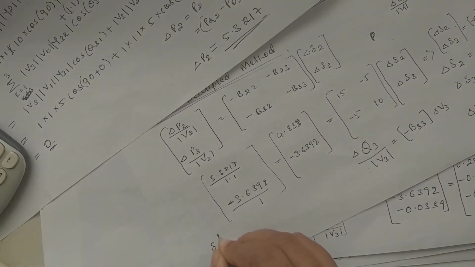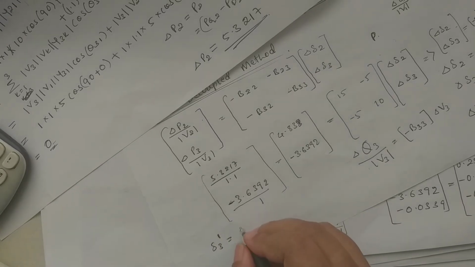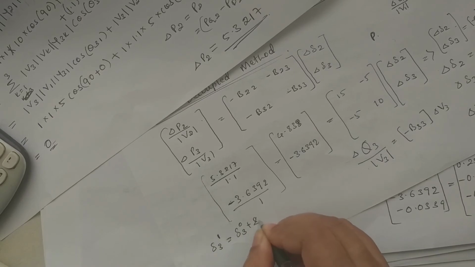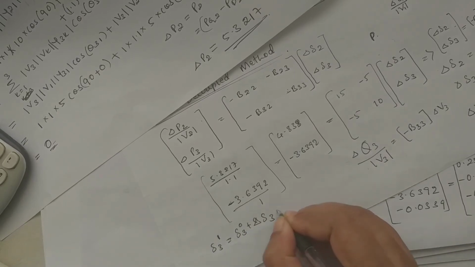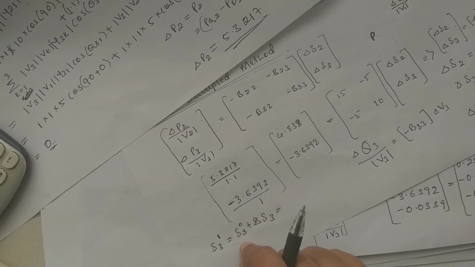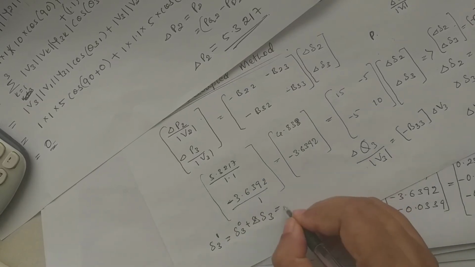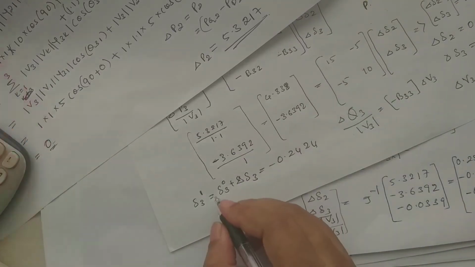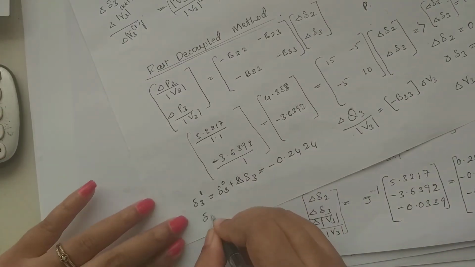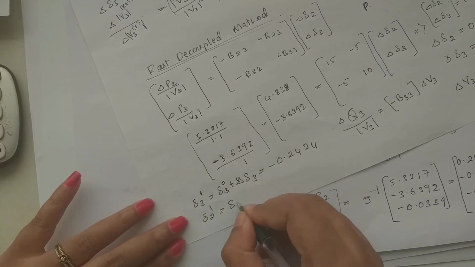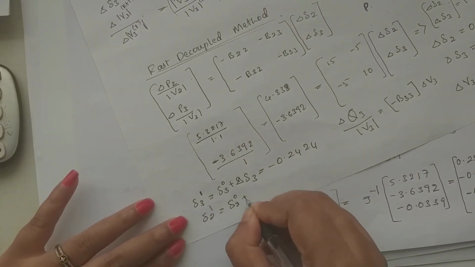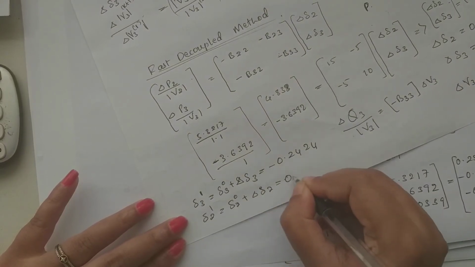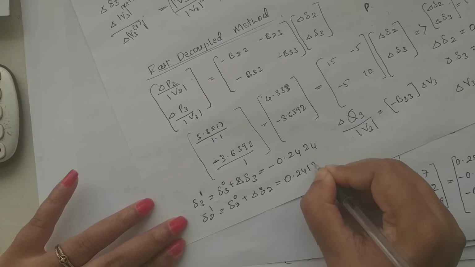Now we have to find delta 3 dash, which is equal to delta 3 0 plus delta 3. Delta 3 0 is 0, and delta 3 is minus 0.2424. Similarly, delta 2 dash is delta 2 0 plus delta 2, which is equal to 0.2412.